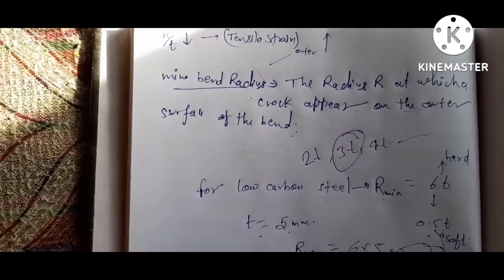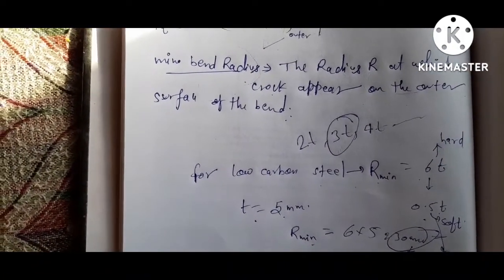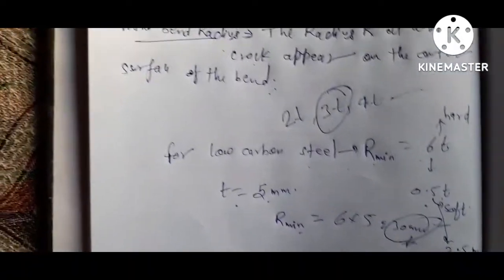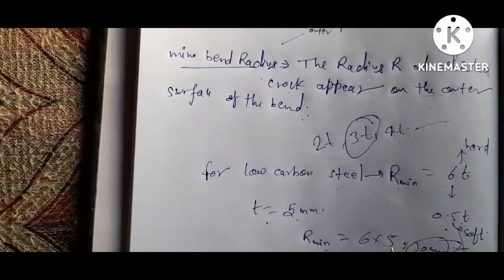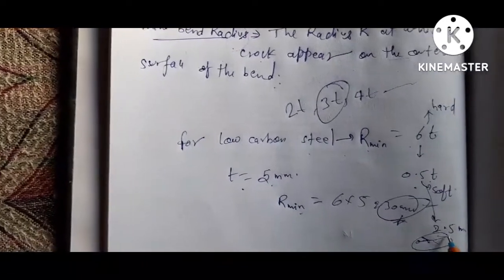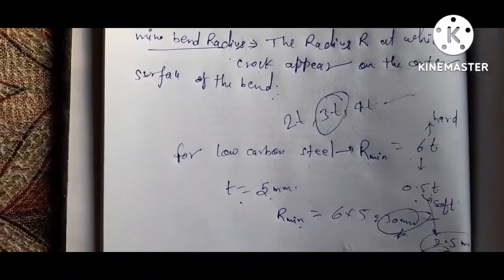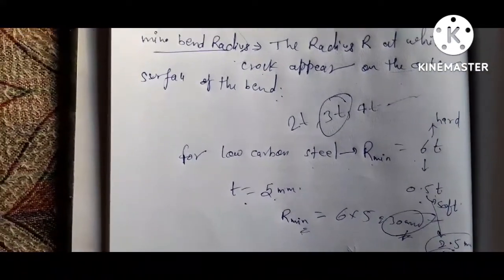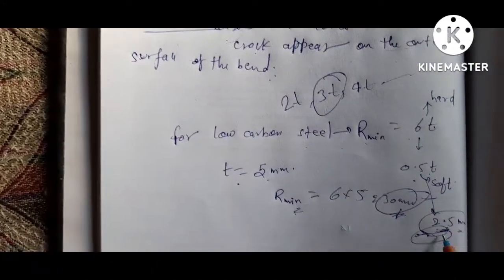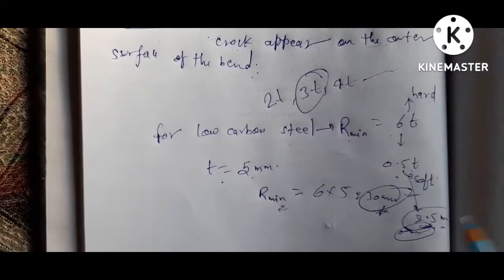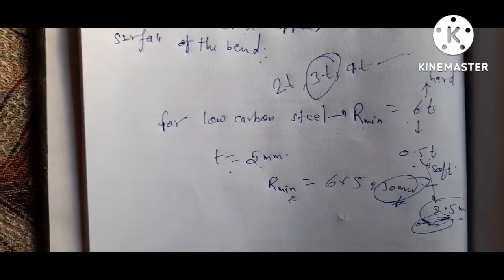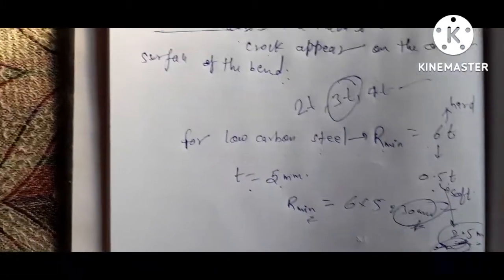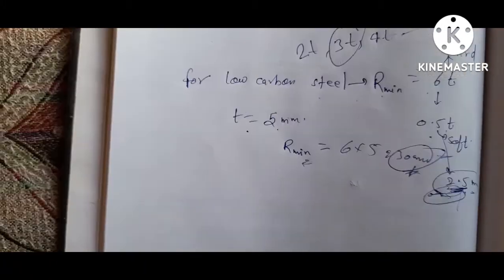For soft material it will be 0.25t... 5 multiplied by 0.5 is 2.5 mm radius. If you use a 2.5 mm bend radius for soft material, the material will not crack. This is a safe bend radius.